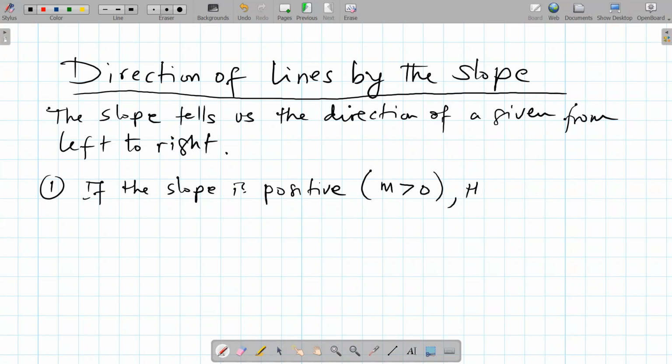Then the line rises from left to right. Or basically, the line moves from left to right upwards.